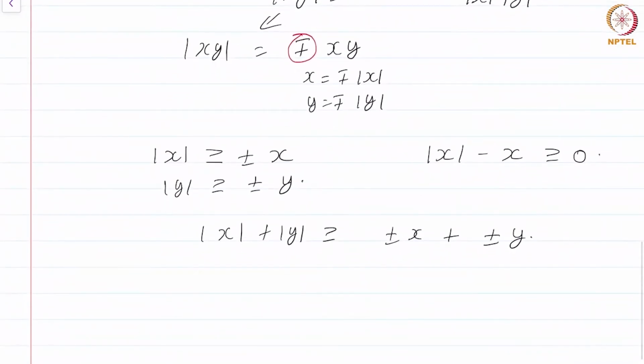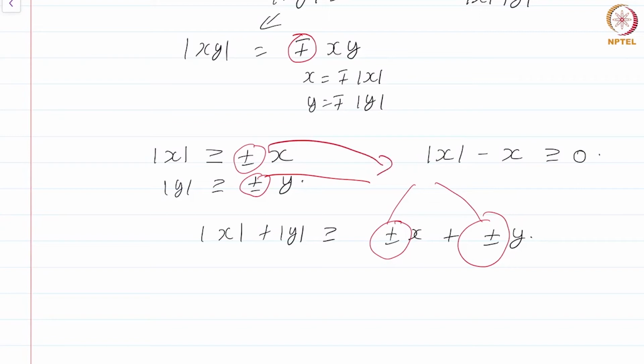But here I am being a bit loose to simplify on the amount of writing. For brevity's sake, I am writing mod x plus mod y is greater than or equal to plus or minus x plus or minus y. Here I mean irrespective of what combination of the plus or minus signs you have for x and y, this inequality is still true. So in these four places, you should take it as any of these signs are allowed.